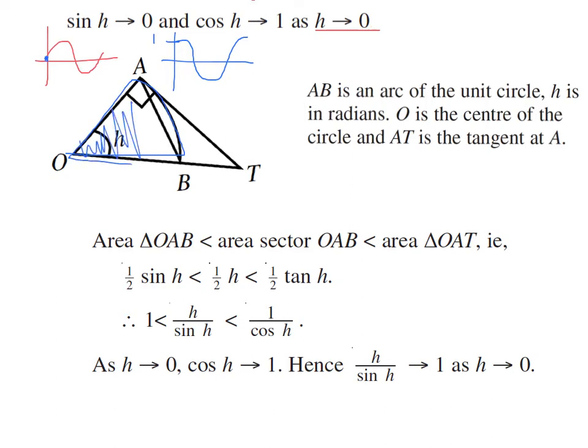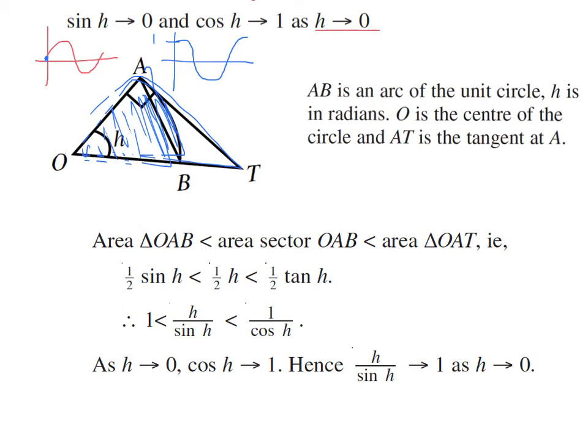And you can see that the area of the sector is bigger than the small triangle, but less than the big triangle. Okay, let me just rub some of that stuff off. It's not working very well.